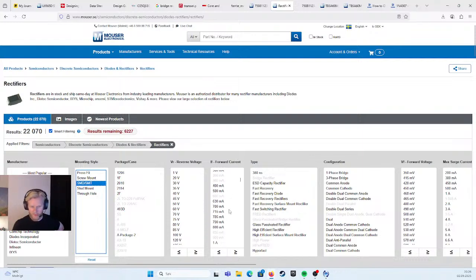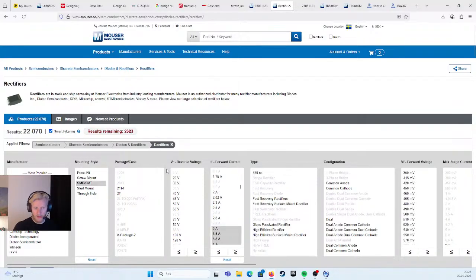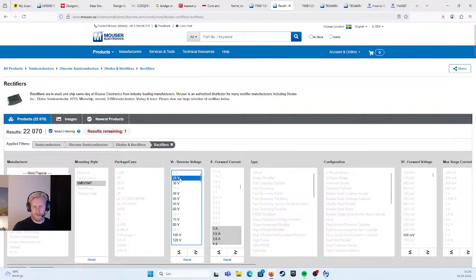Maximum for at least 2 amps. Say 3 amps and above. See what we get. Reverse voltage. It has to handle forward voltage. The lower the better, right? But let's say reverse voltage.